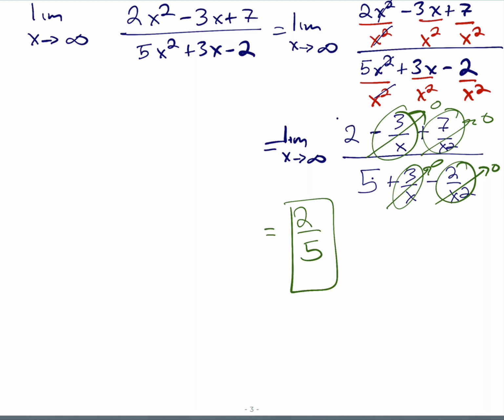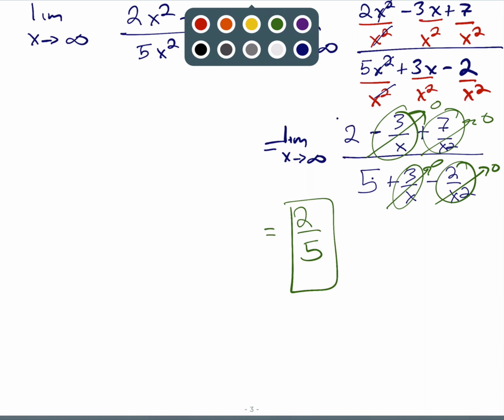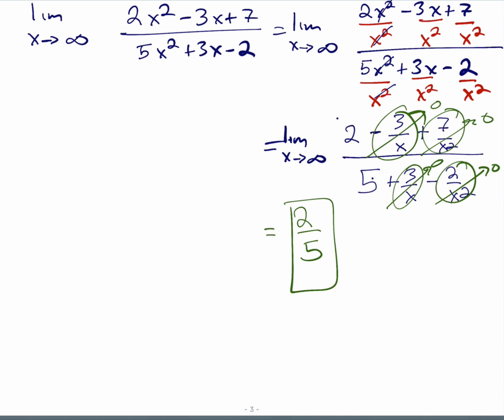Now, let's go back here. Hypothetically, say I change all these to minus infinity. Is that going to change anything? No, right? Because you're dividing by x squared, that's fine.